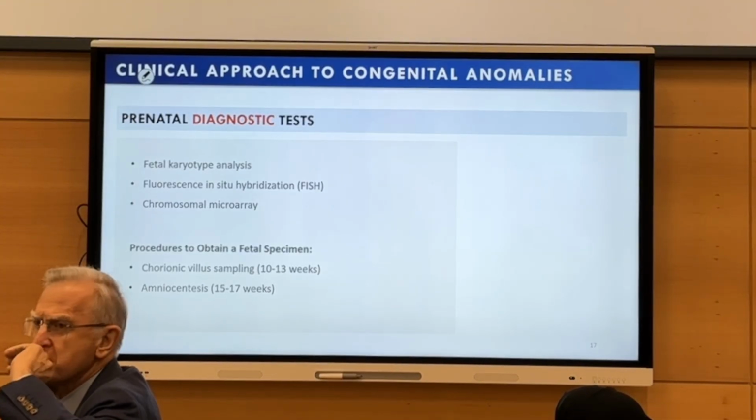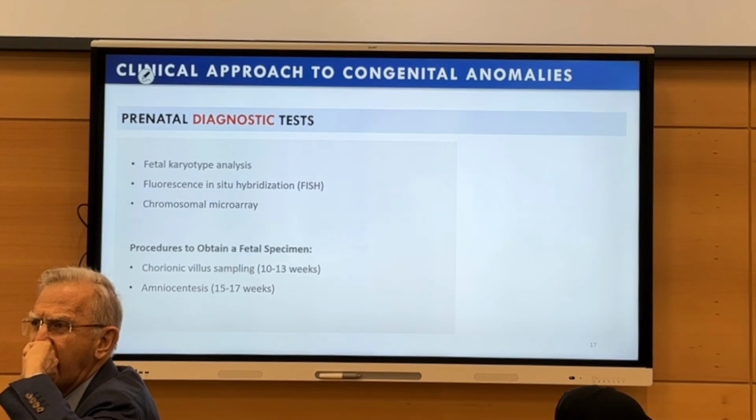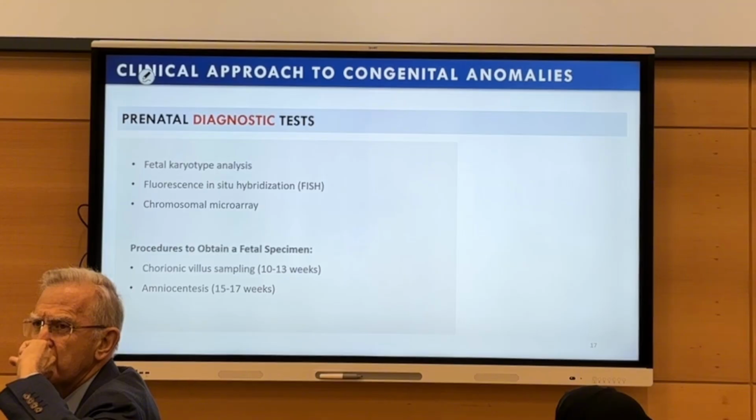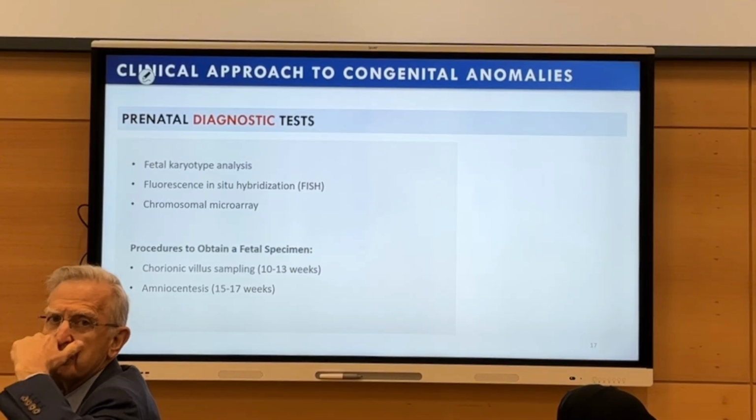FISH is more specific than chromosomal microarray. So it's not more specific, it's more comprehensive. It's going to give you the number, but it will also detect the microdeletion within the chromosome and the microduplication.